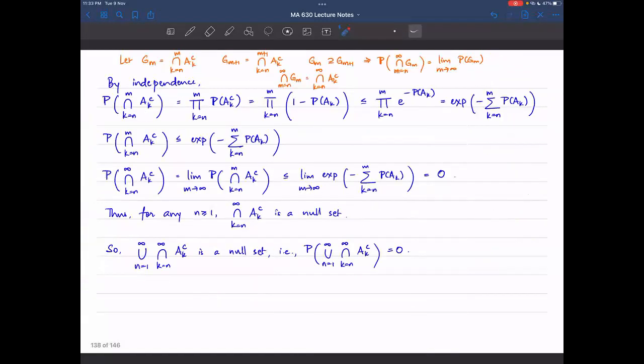And this completes the proof. All right, so that completes the proof of the Borel-Cantelli lemma. It has two parts.